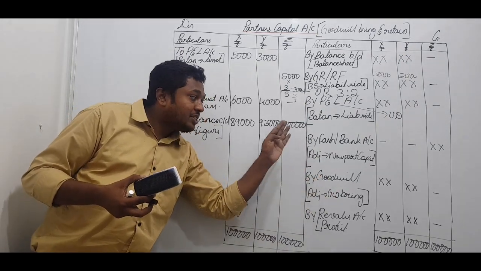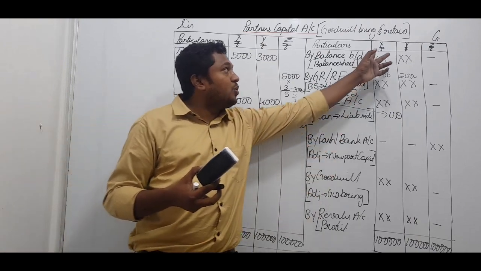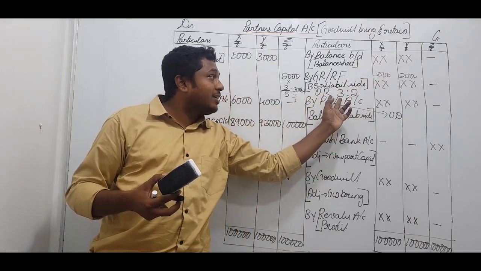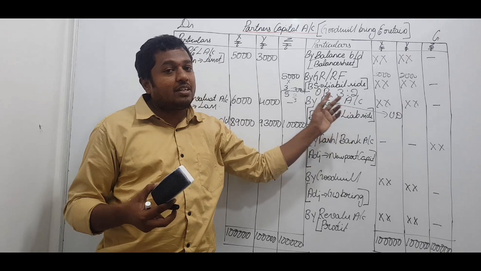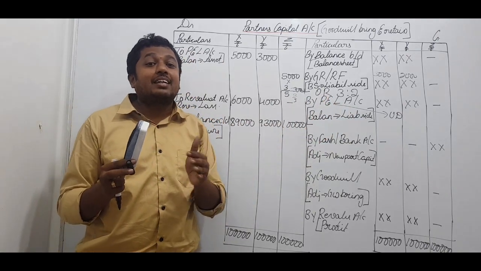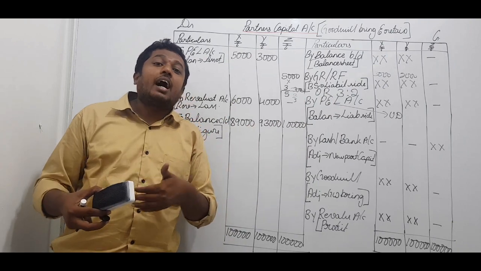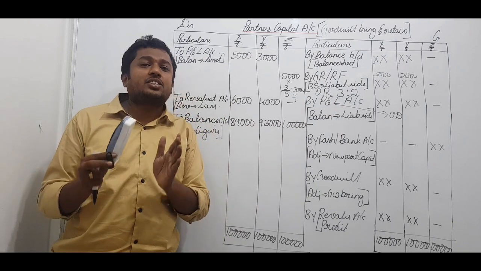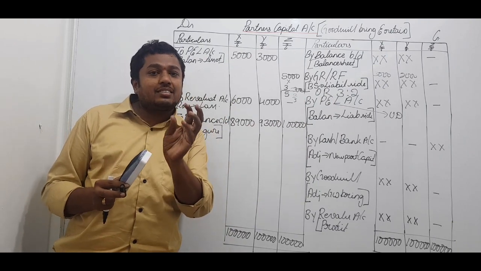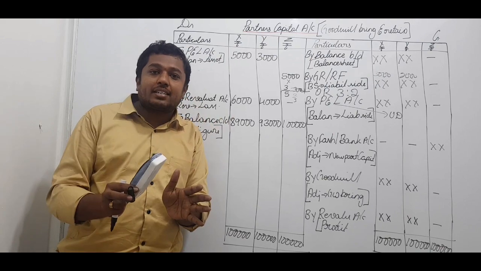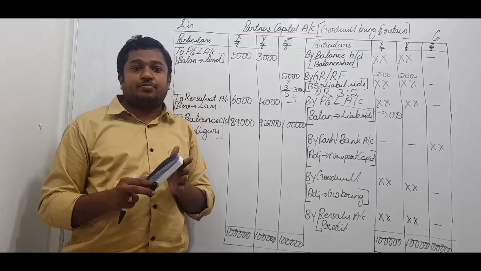This goodwill is distributed to old partners in their old ratio sometimes, but sometimes in their sacrifice ratio. When problems come, I will explain separately, but generally goodwill is distributed among the old partners in old ratio.